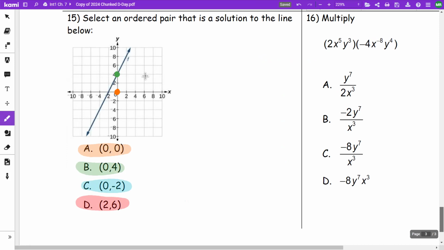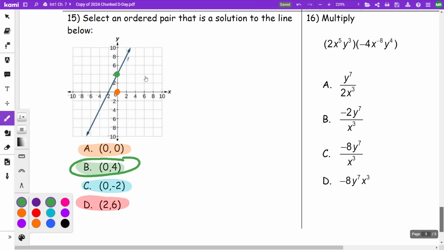So that one looks like it is a solution. Let's just double check the rest just to make sure. 0, -2, no. 2, 6, not quite. So the only one that did work was B.